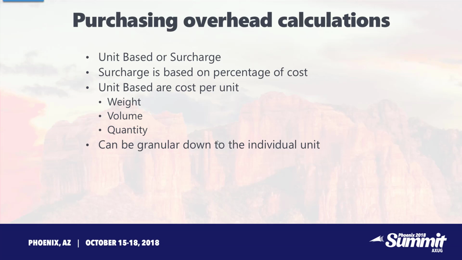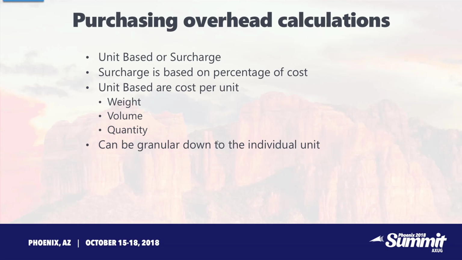The other one that's really very exciting is unit based. What that means is that I can base a charge on a unit of weight, volume, or per each. Normally most people think about freight per pound or freight per ton. I think you get an idea of what we're doing here.